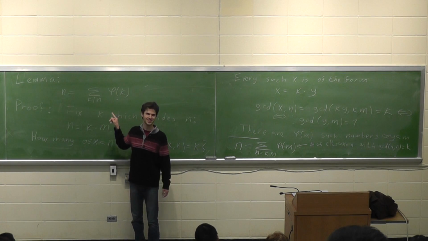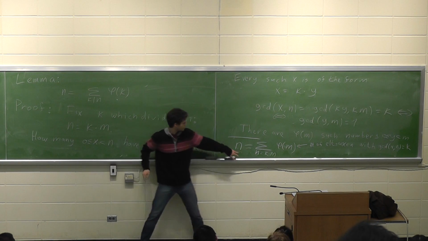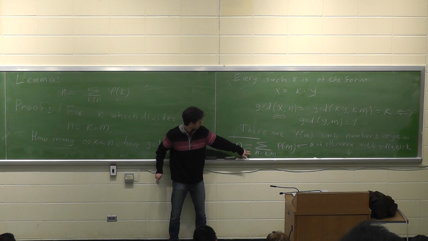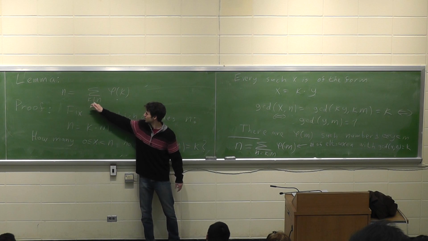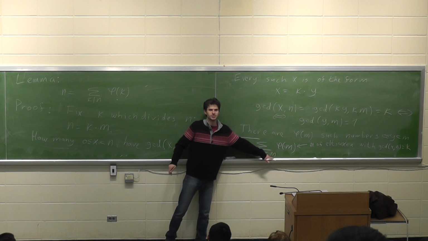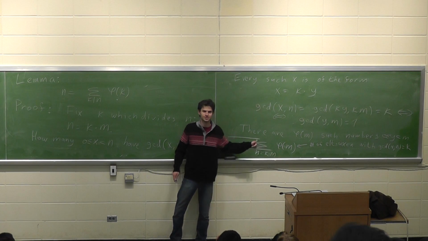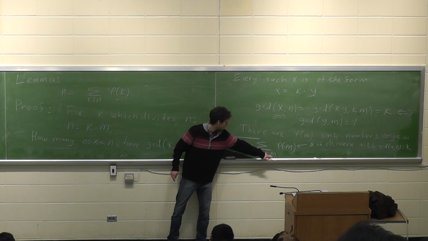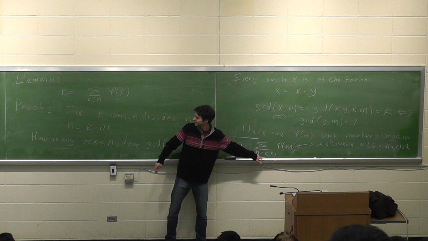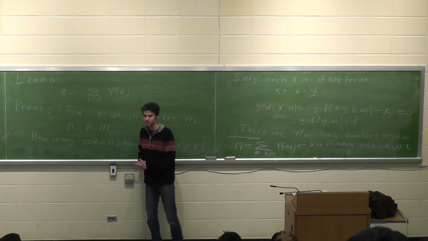Well, almost. Here I'm taking the sum over the divisors of n, but here I'm also taking the sum over divisors of n, except my naming is slightly different. Oh, it's actually the same, yes.